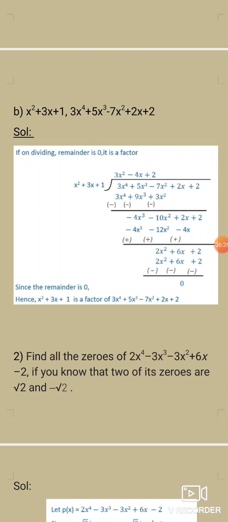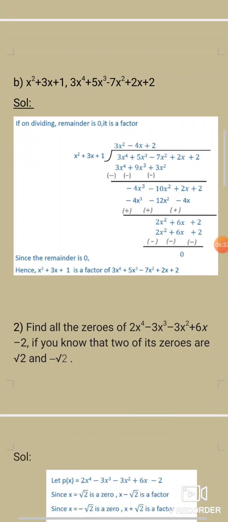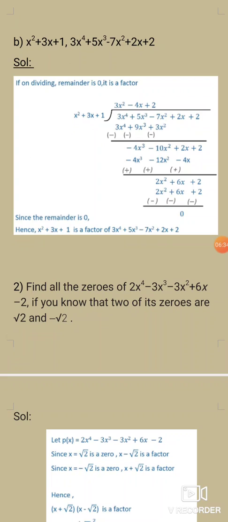So first step, if root 2 is a zero of the polynomial, then we can write what? x minus root 2 is a factor. Then if x is equal to minus root 2 is a zero, then x plus root 2 is another factor. Now both factors together, x plus root 2 and x minus root 2.